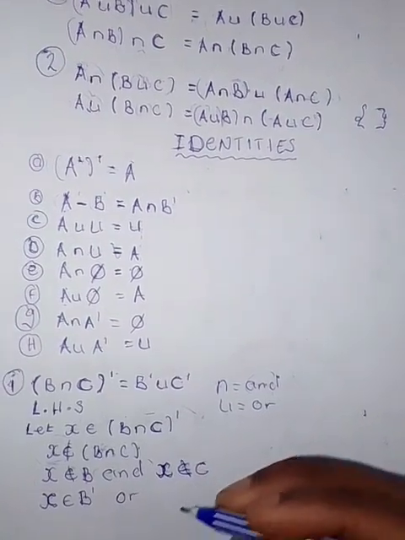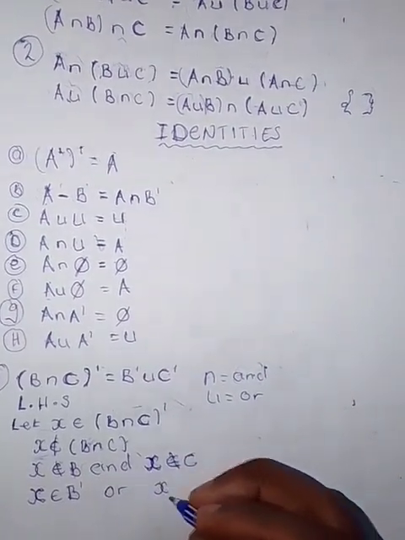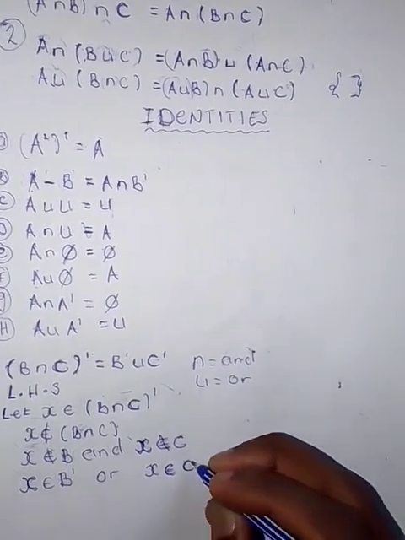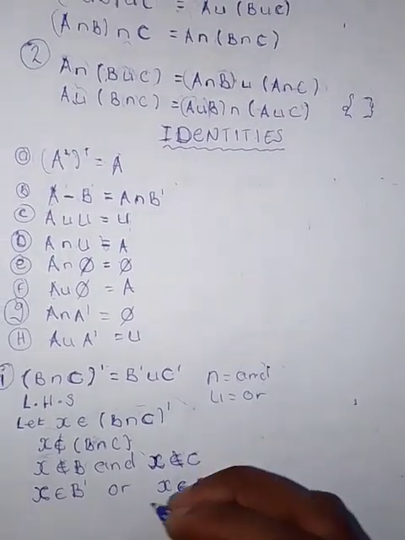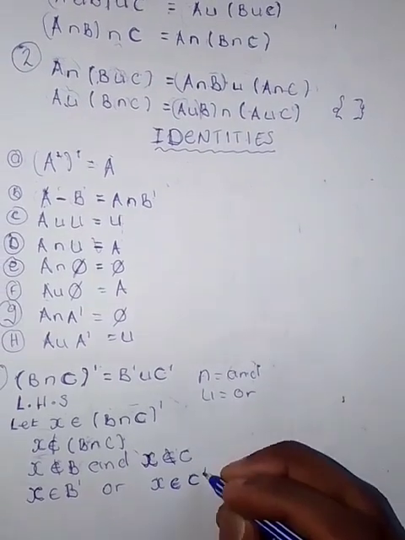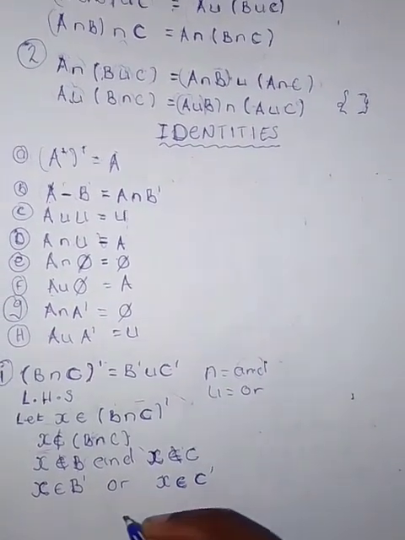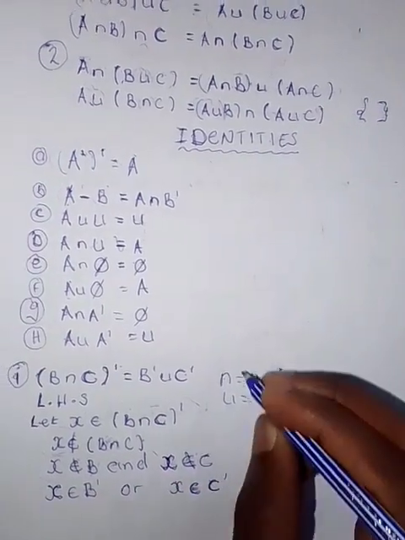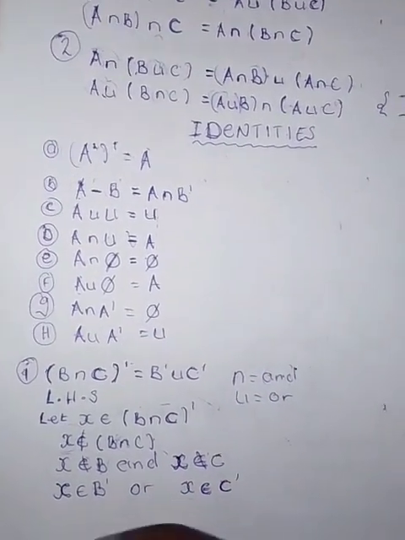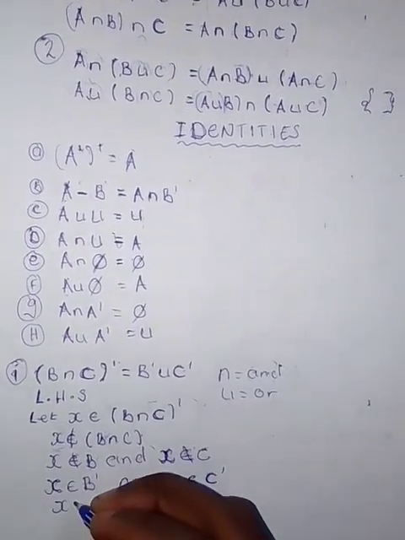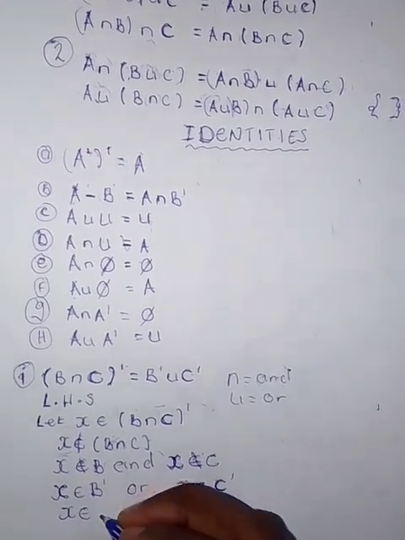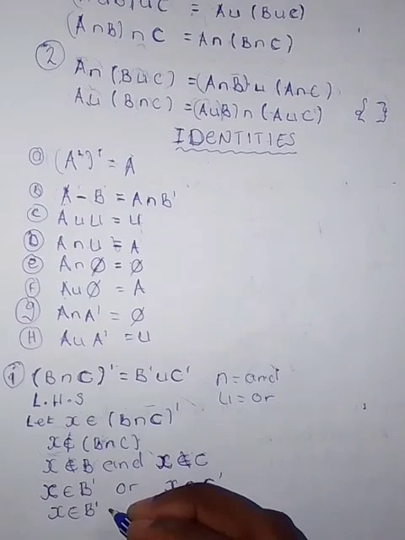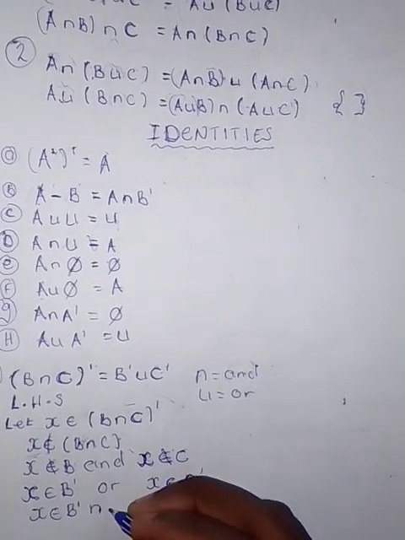So we are going to say x is a member of C complement. This and this are one and the same. So now we are going to reverse. Where there is OR now, we are going to put N. This is going to look like this. We are going to put N here and complement.